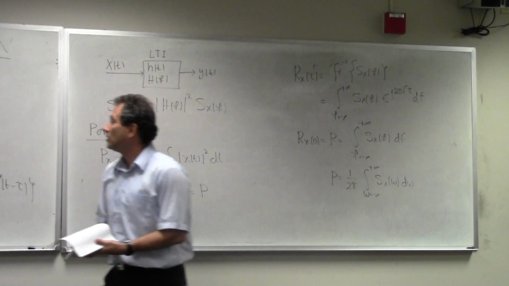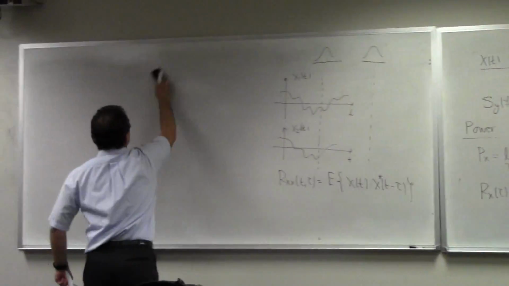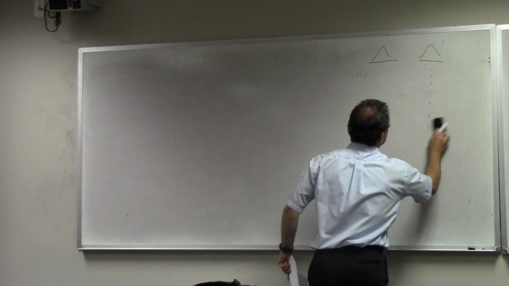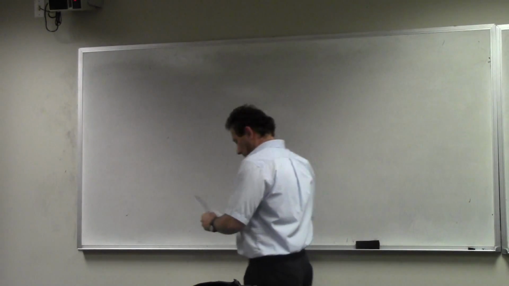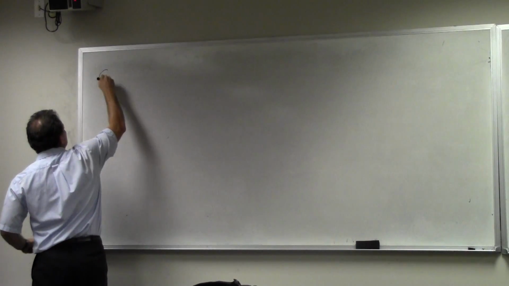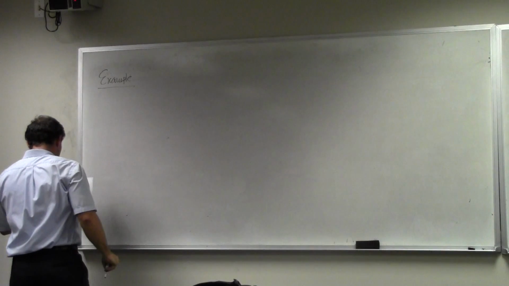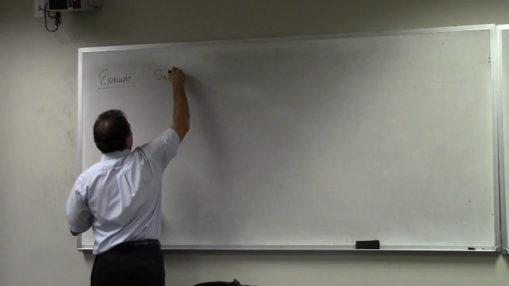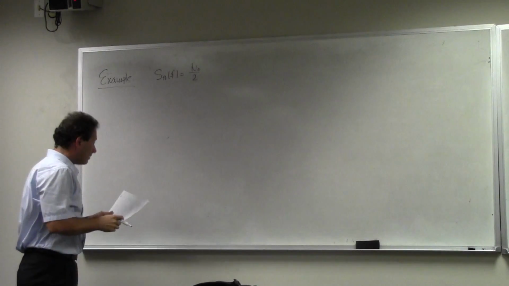Okay. So let's look at an example. It says consider a random process with power spectral density Sn(f) given as some N0 over 2 for every f.